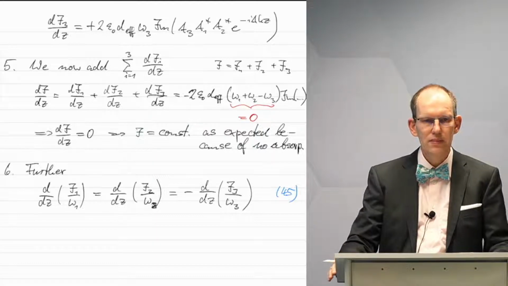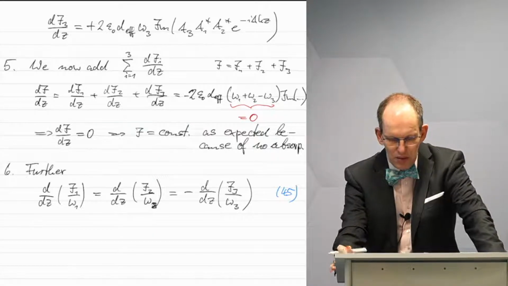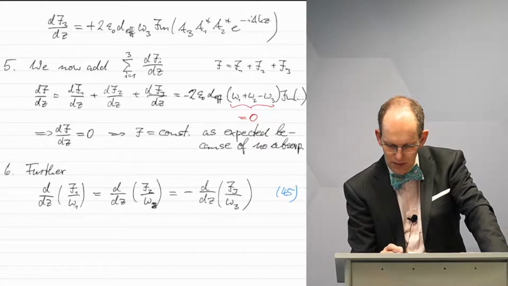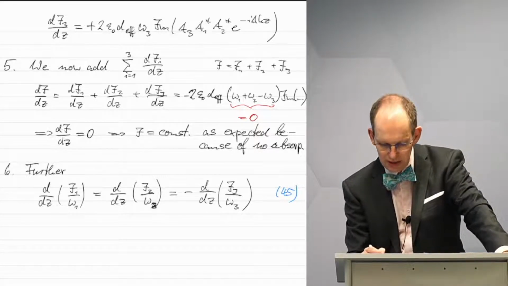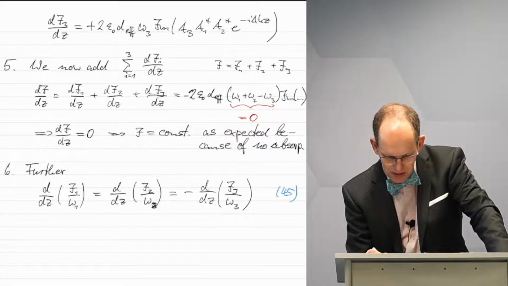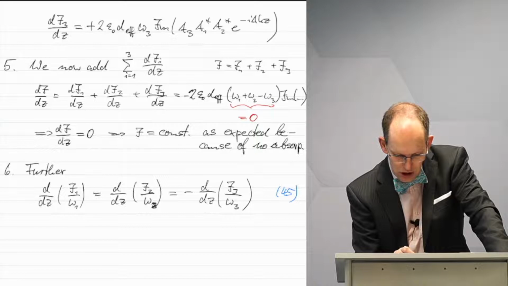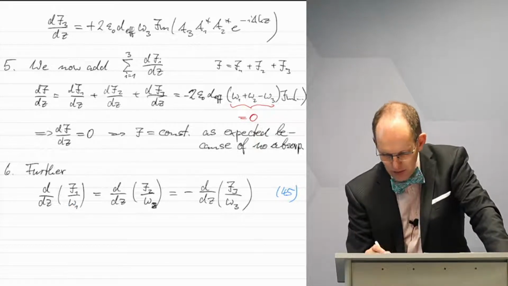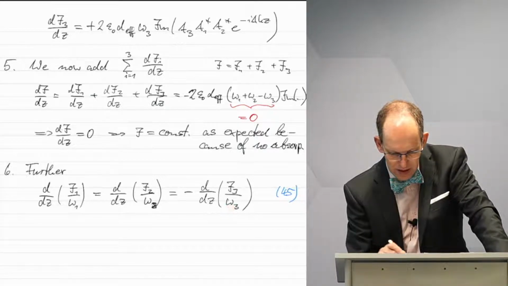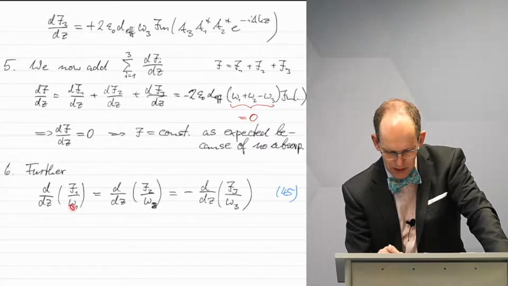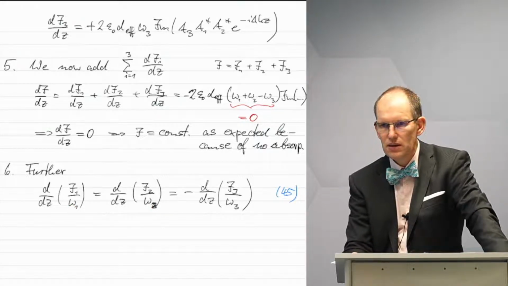Yeah? Also, this makes a lot of sense, because you always have to consider, what does an equation want to say to me? And this equation wants to tell you that if you destroy one photon omega 3, or if you create one photon omega 3, you would destroy one in omega 1 and in omega 2.